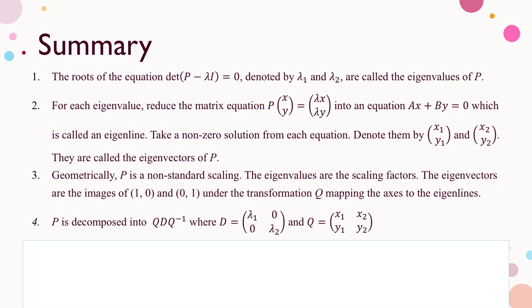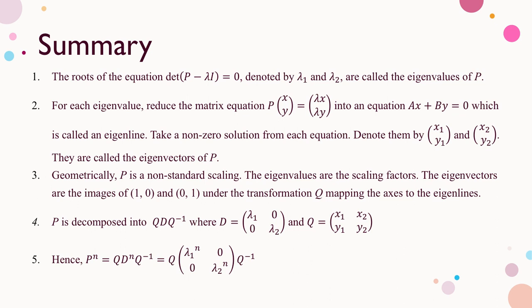P is decomposed into QDQ inverse, where D is a diagonal matrix with the eigenvalues, and Q is a matrix with eigenvectors, putting the one corresponding to lambda 1 in the first column. 5. Hence, P to the power n can be evaluated in this form, which is relatively easy.